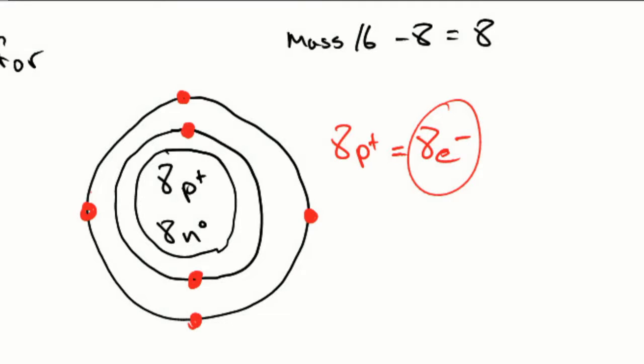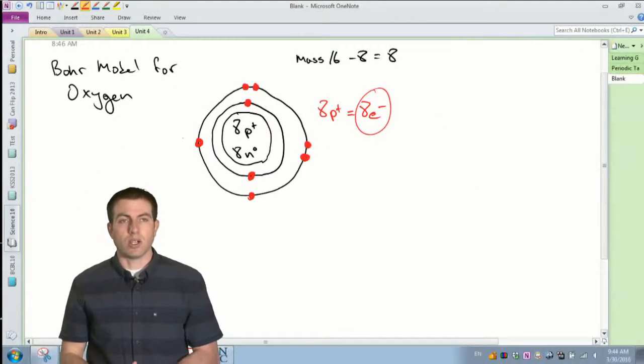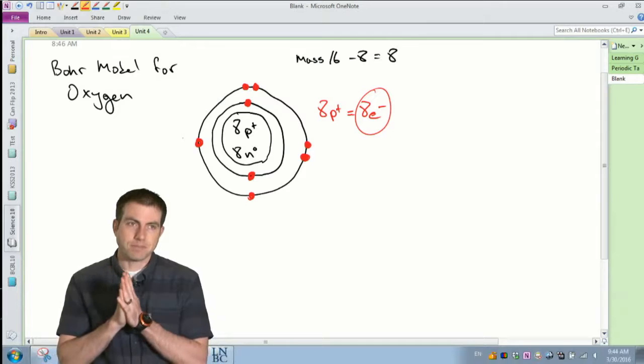And then I know I have 8, so I'll start back again. There's 7, and then 8. So I have 1, 2 on the inside, 3, 4, 5, 6, 7, 8. I have 8 protons, 8 positive charges in the middle. I have 8 electrons, or little dots, around the outside. So this is the Bohr model for oxygen. This is what it looks like.